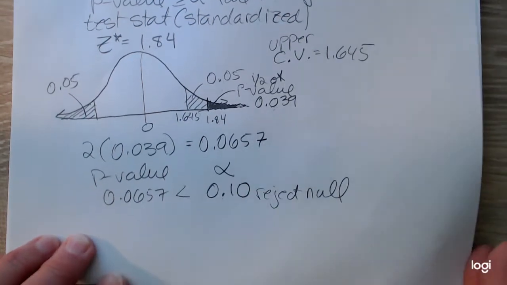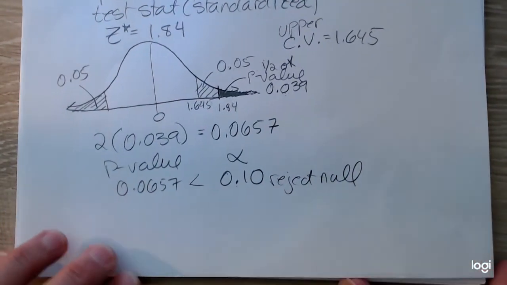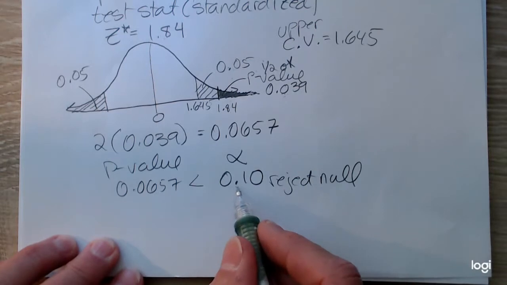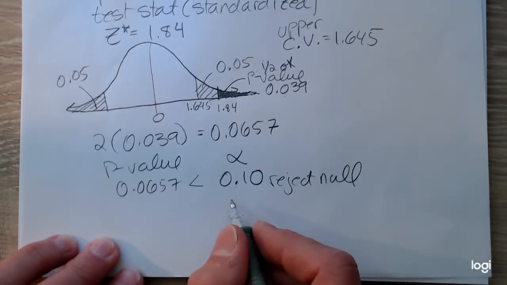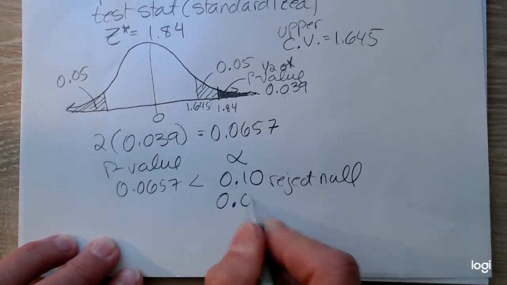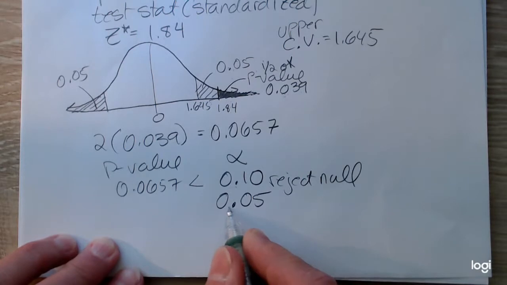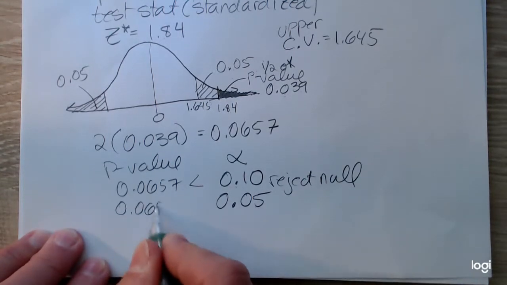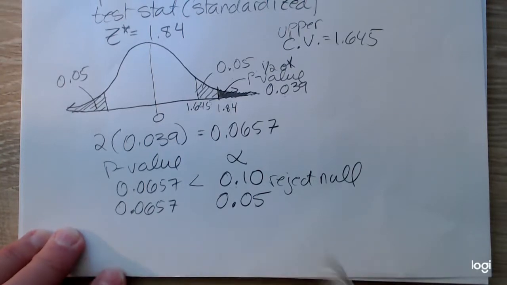Now, one thing that's interesting about the p-value is that it gives you the strength of the rejection. So if I had tightened up my alpha, in other words, I demanded more evidence to reject the null, and I instead decided I want to use alpha being 0.05, my p-value would stay the same because I haven't resampled.